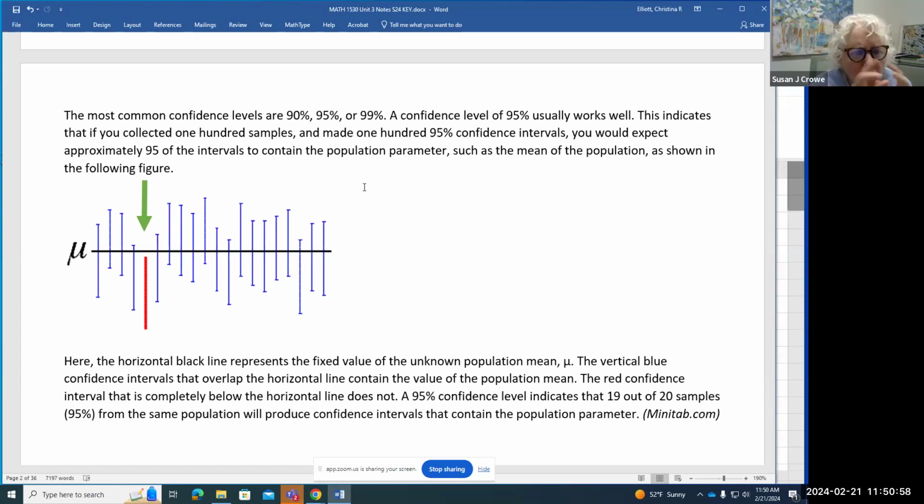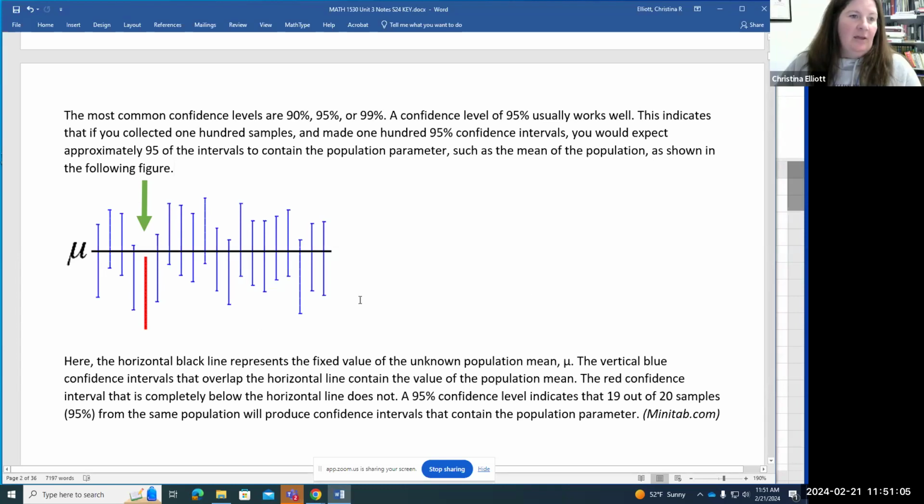Each of those little bars is an interval with a low and a high. And the mu here, this line, represents the actual population mean, which we don't usually know. This is just an illustration.